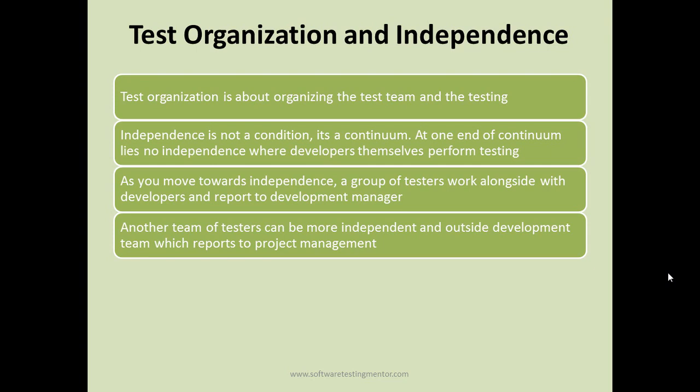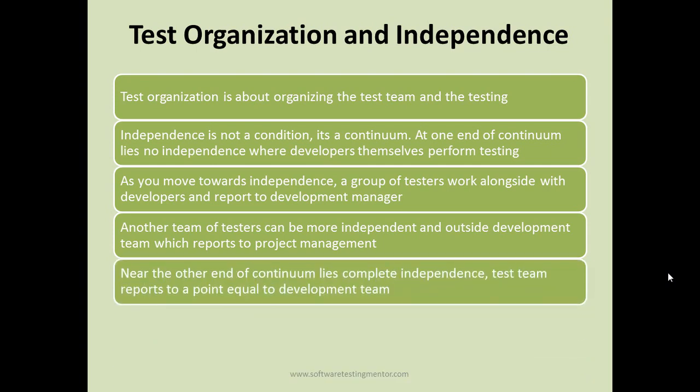Or it can be, for example, a project manager and then a test manager and development manager. The test manager manages the test team and the development manager manages the development team. So testers report to the test manager, and then the test manager reports to the project manager. So that's another level of independence in test organization.